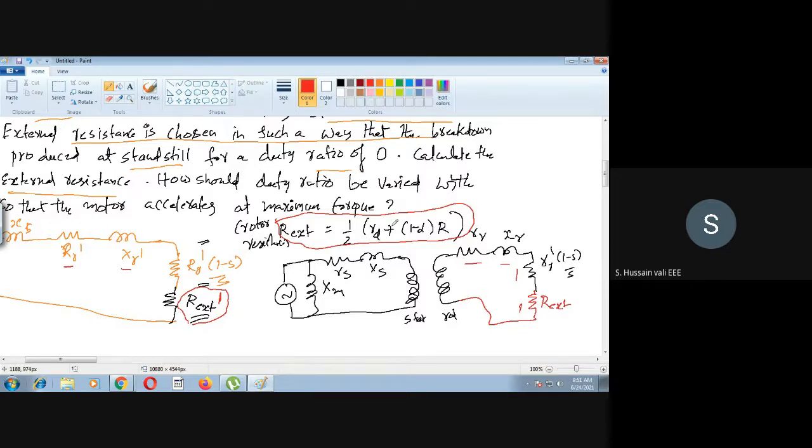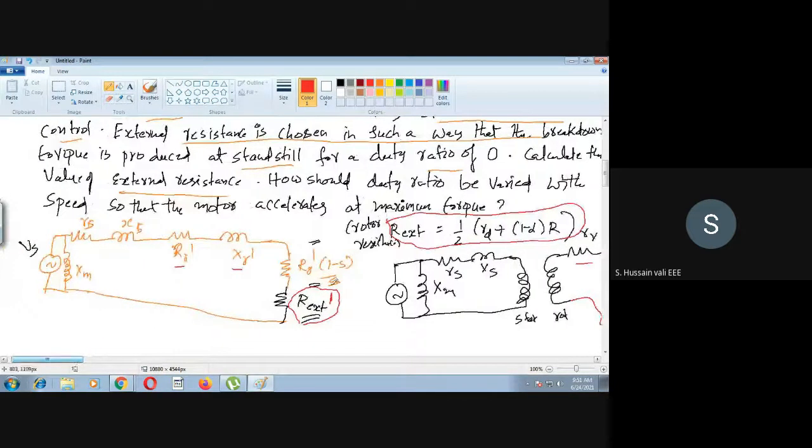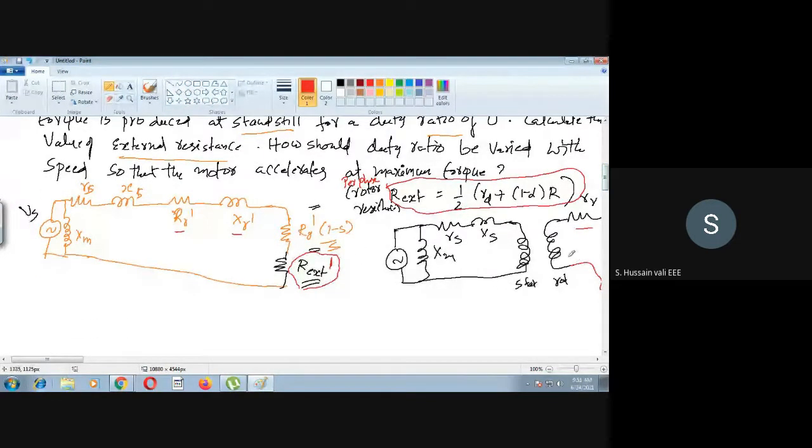If you recall the previous class, this is the effective per phase rotor resistance. But we need to find R external dash. How do you refer to the stator side when you know the rotor side?